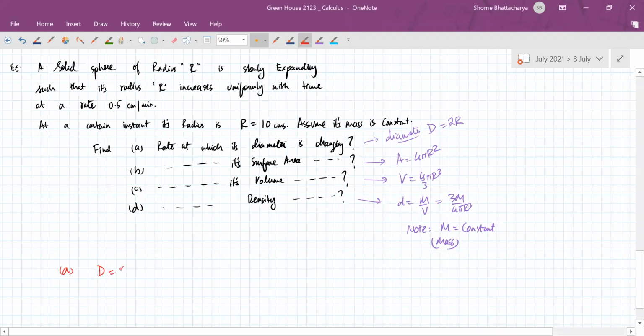So diameter is 2 times radius. That means the rate of change of diameter with respect to time is the rate of change of 2r with respect to time. So that is 2 times dr by dt. We can even do it directly like this.